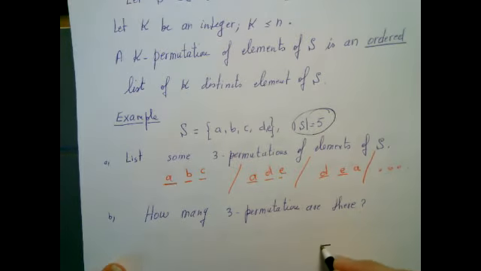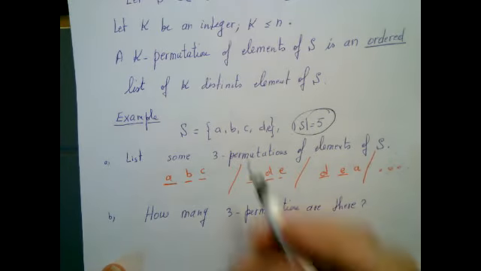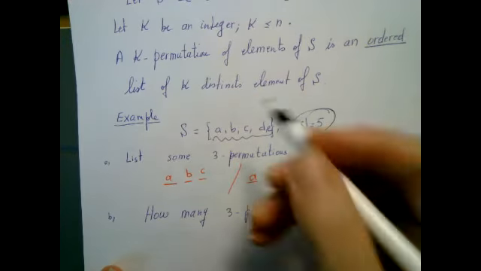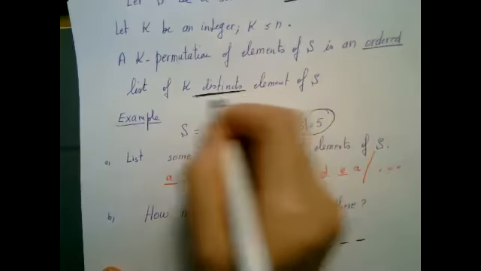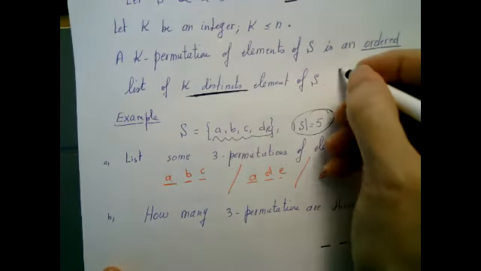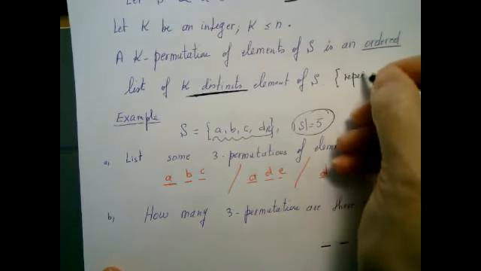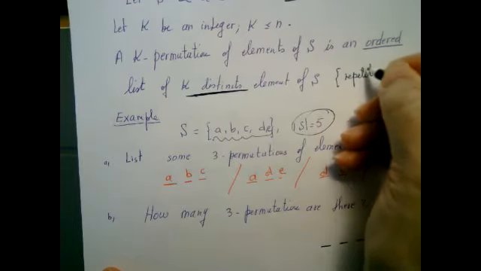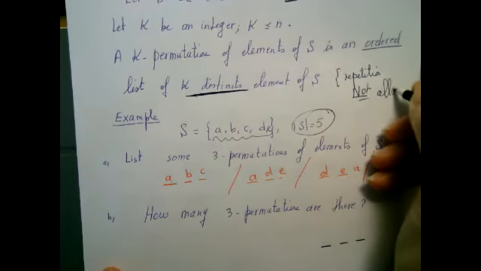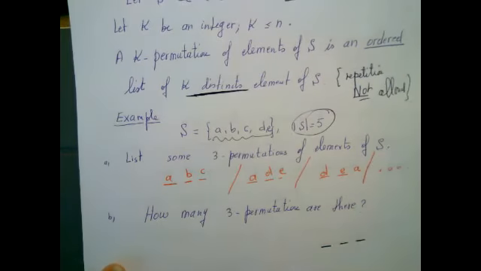It means how many ordered lists of length 3 can I make using the elements A, B, C, D, E, and the elements have to be distinct. It means repetition is not allowed. That's crucial. That's what I mean by distinct elements. We're not allowing any type of repetition.